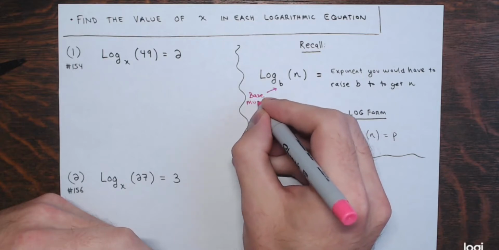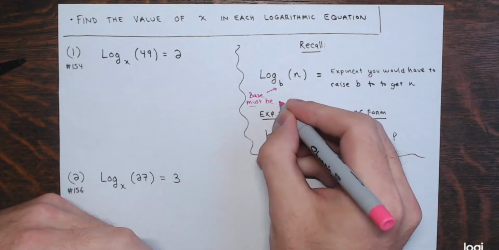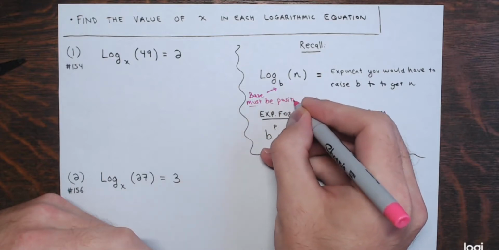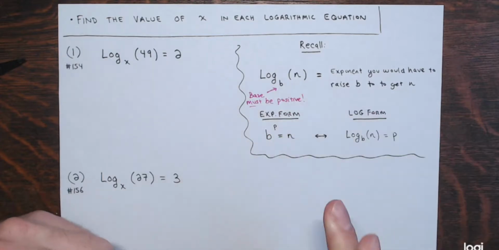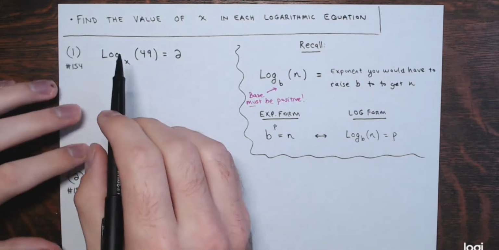The base of the logarithm, this subscript, must be a positive real number. No negative bases. Just like when we talked about exponential functions, we only looked at graphs of exponential functions with positive bases as well. So keeping all this in mind, let's work.